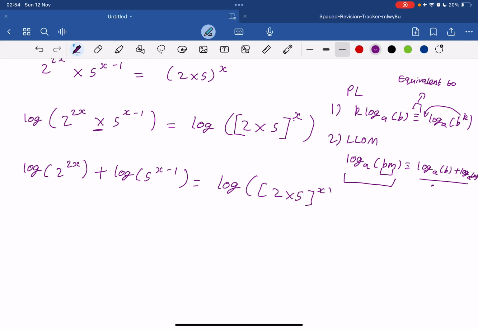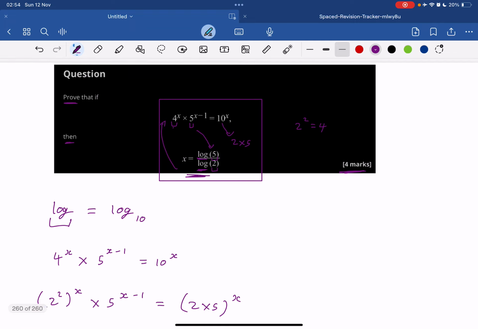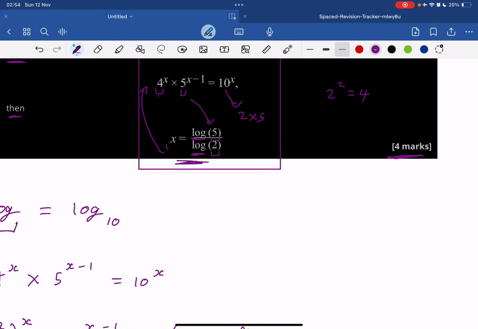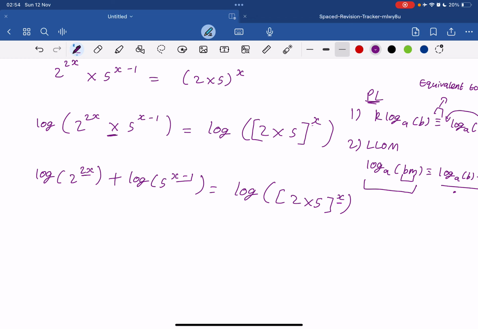Now I'm going to use this power law on all three. As we see, all three expressions have a power which I can multiply out. The reason why I'm doing this is because at the end of the day, the whole process is to get x on its own. All these powers essentially have x in it or contain an x.